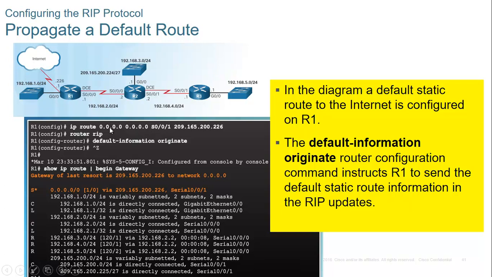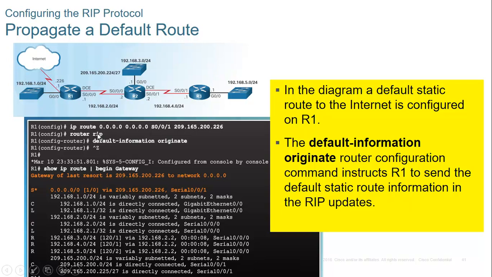Remember, this means any network, any subnet will be going out of serial 0/0/1 here, and then to the next hop IP address 209.165.200.226. This is configured. All right.